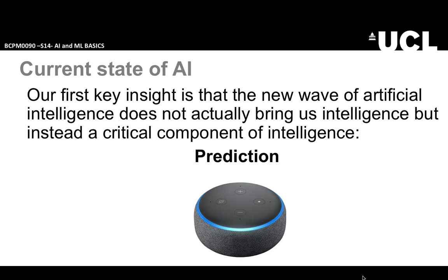So if we ask Alexa what's the capital of the UK, Alexa doesn't know the capital of the UK, but Alexa is able to predict that when people ask such a question, they are looking for a specific response, which is London.